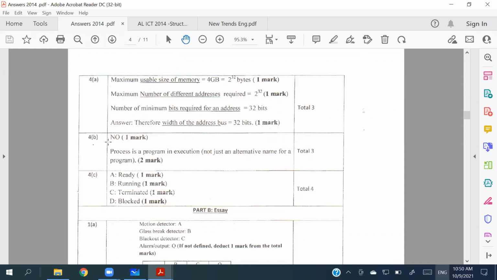A state changing due to what reason here. So it's better you remember. So that sums up the structured paper. See how much you have scored out of 40, and let me know the mark as well.